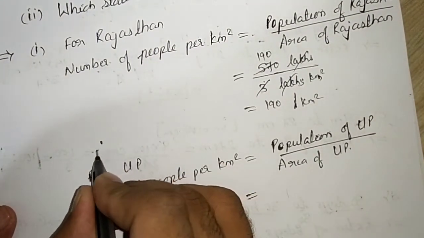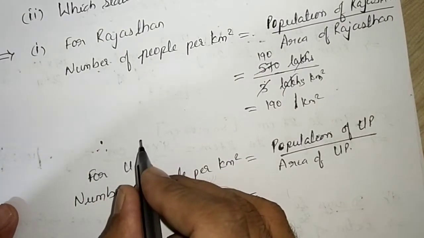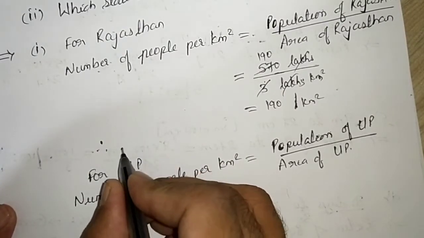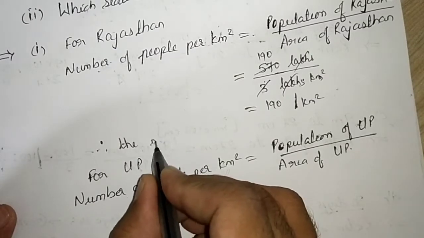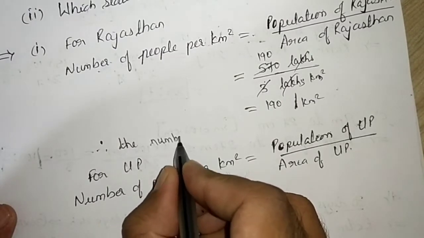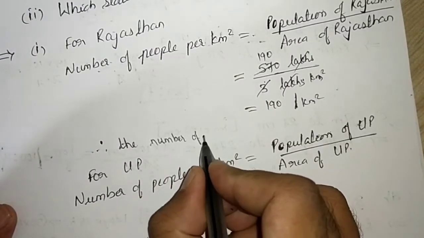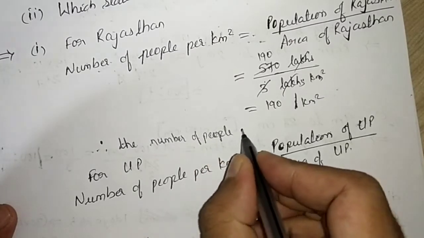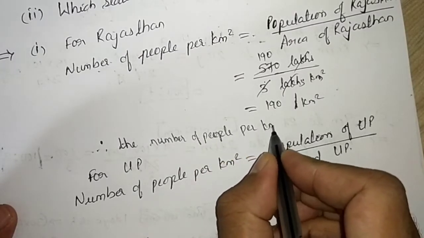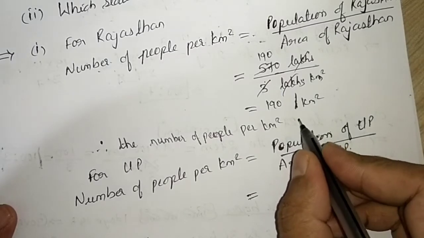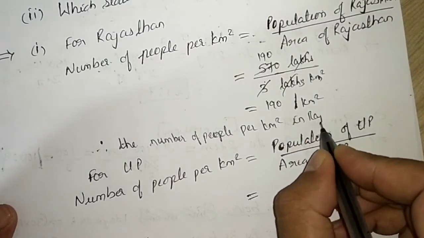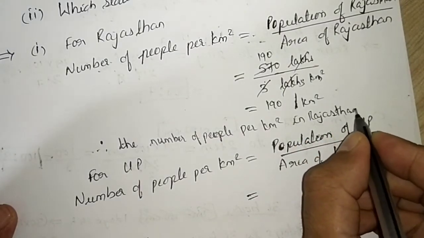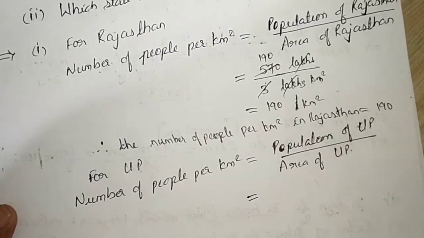So we will write, therefore, the number of people per square kilometer in Rajasthan is equal to 190.